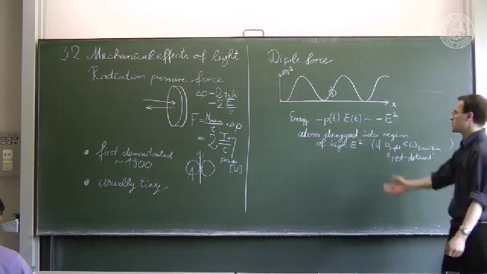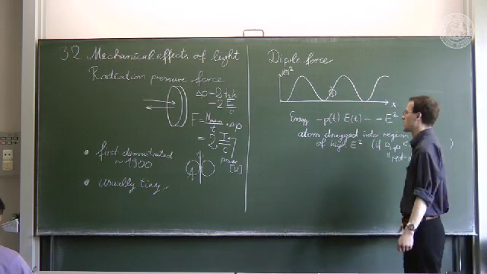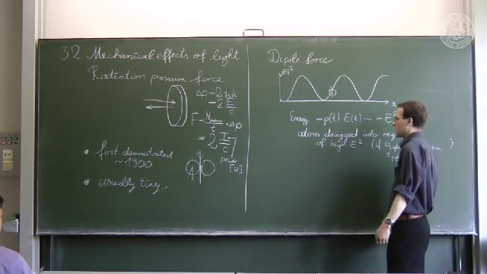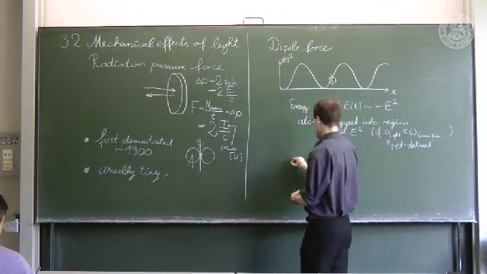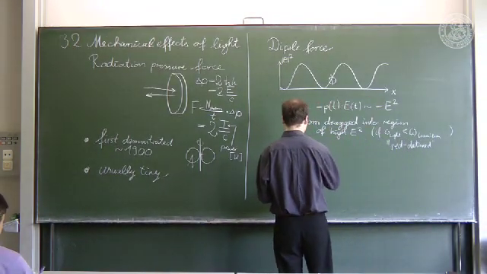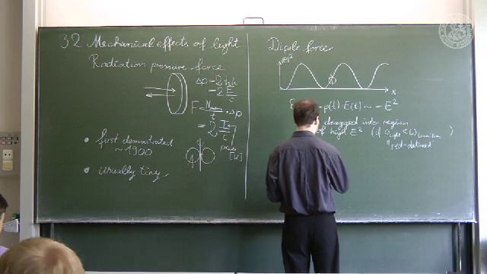Now that is really used to trap polarizable particles and in particular atoms. So for atoms, these standing light waves are then called optical lattices.